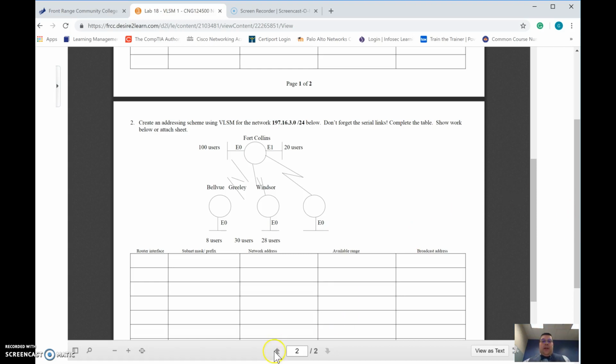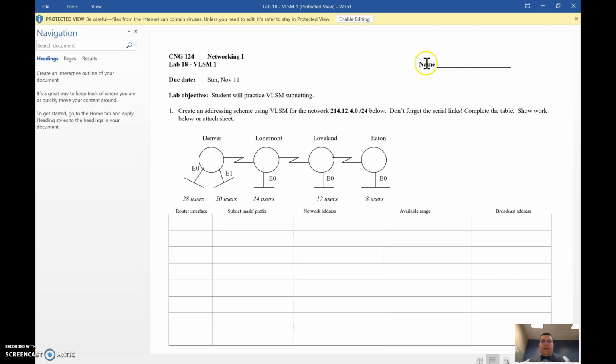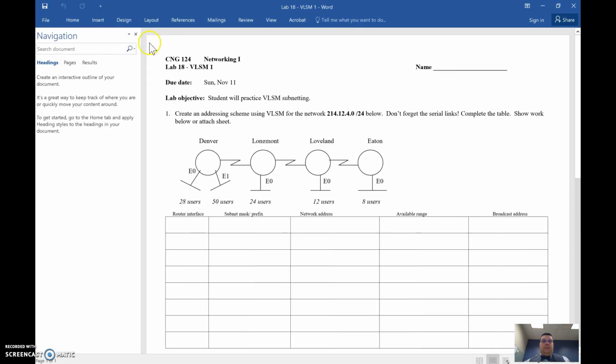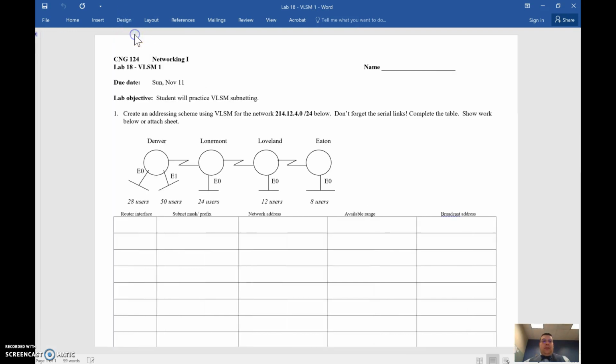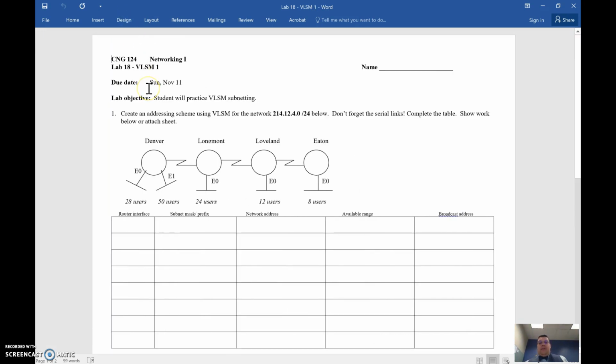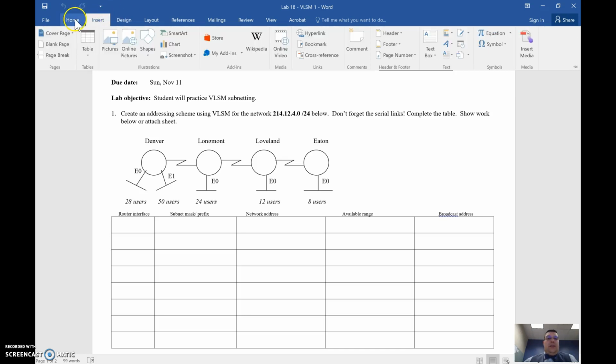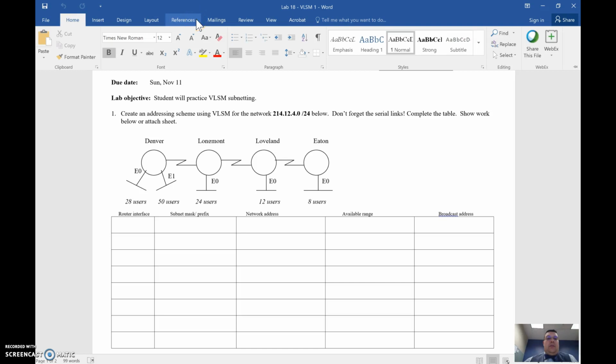So let's go back over here. Enable editing. Close this. So here we have the starting point, and this is what seemed to be the most issue for the homework for this week.